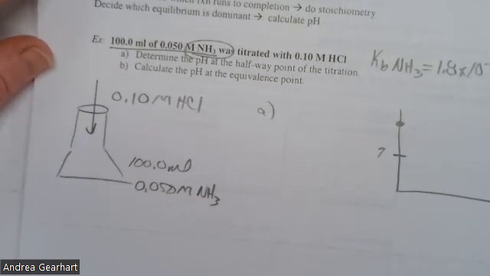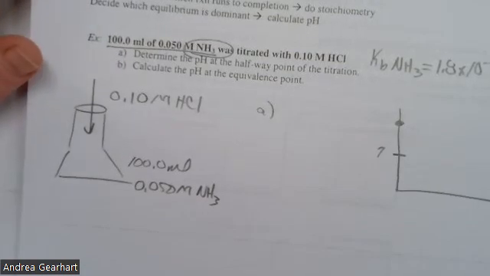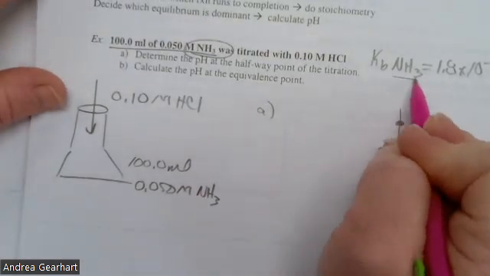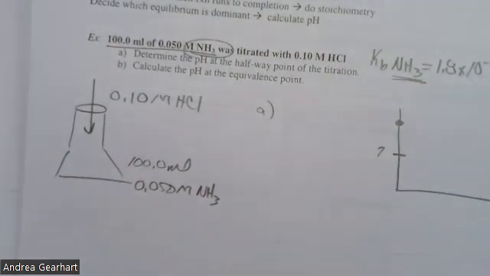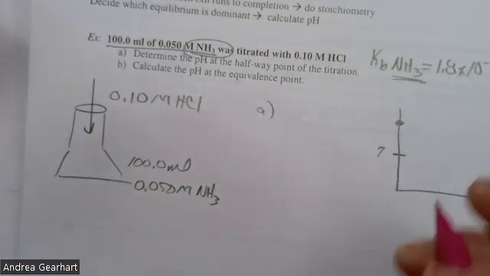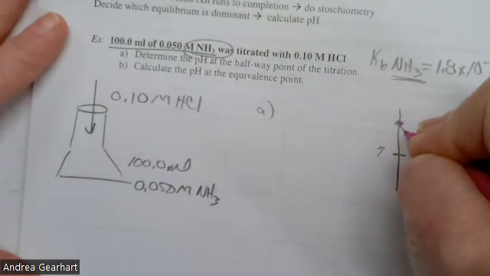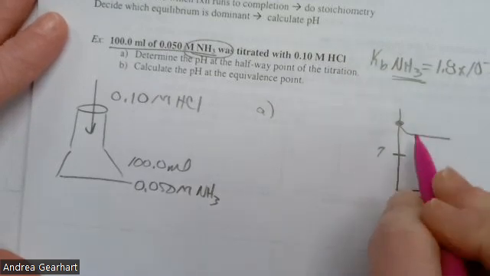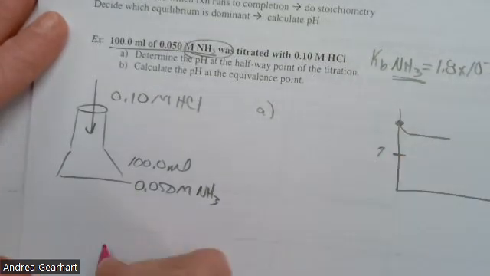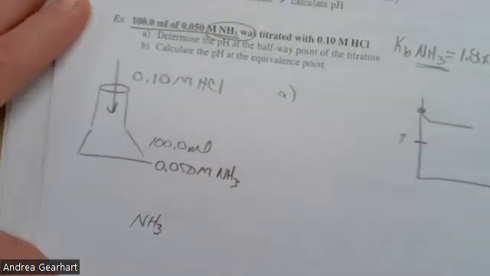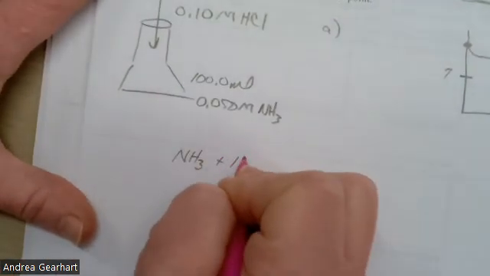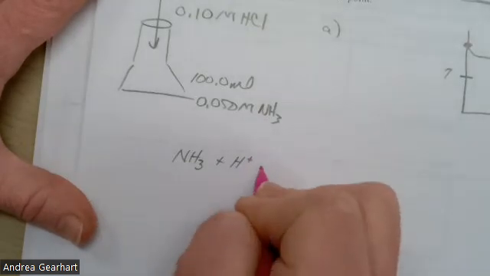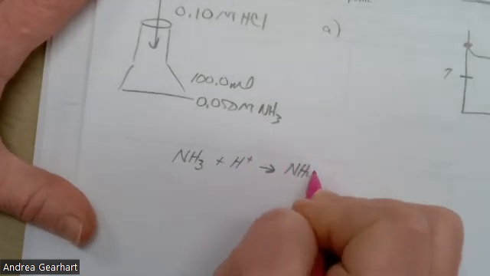Adding strong acid, strong acid, strong acid. And at the beginning, we just have NH3. So it's going to be a big drop. We're going to level out because the NH3 is going to react with a strong invader to make its conjugate acid.